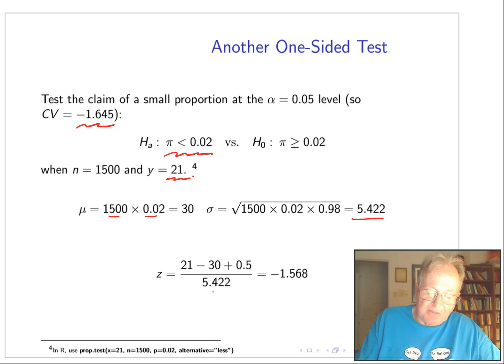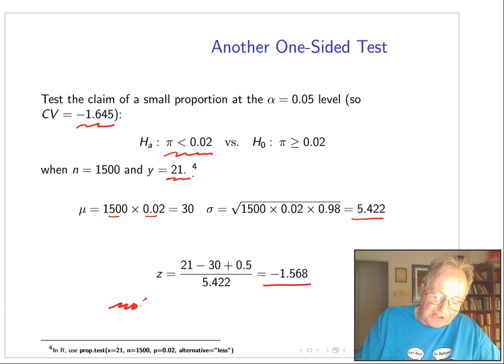Add those up, divide by the standard deviation. And here's our z-score, minus 1.568. Okay. This is not less than minus 1.645. Do not reject the null.